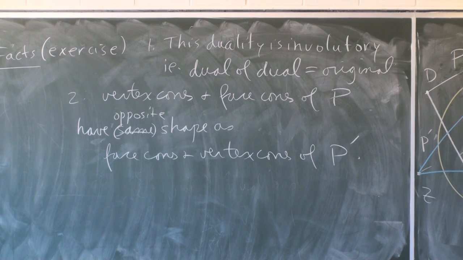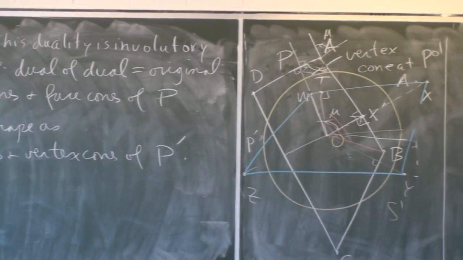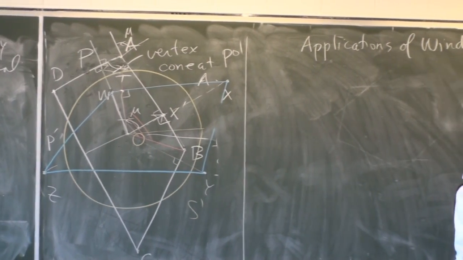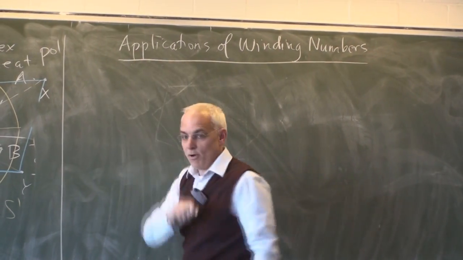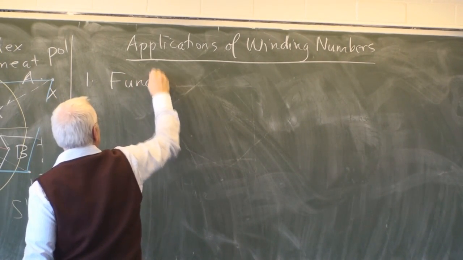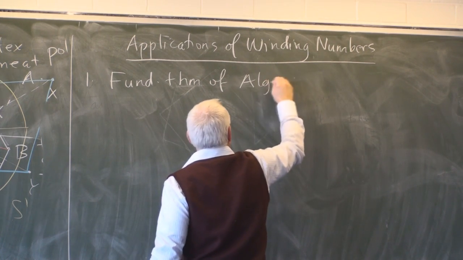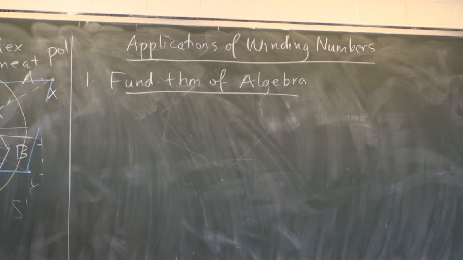All right, so now I want to talk about some applications of winding numbers. And the first and most important application is to the Fundamental Theorem of Algebra, which is probably the most important application of algebraic topology.